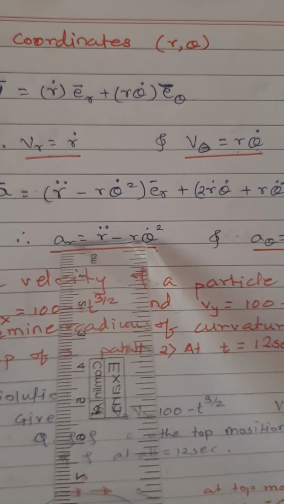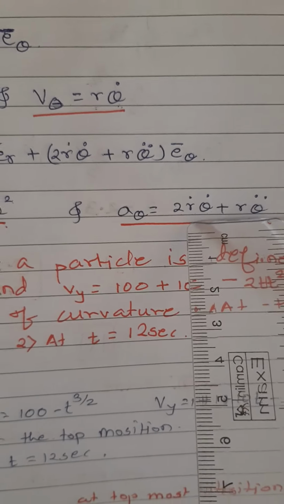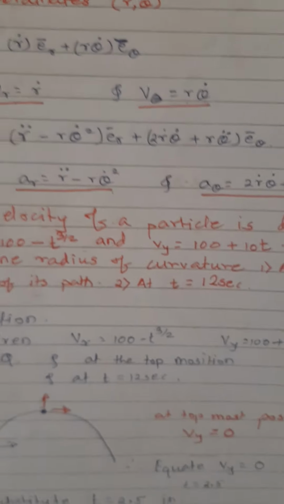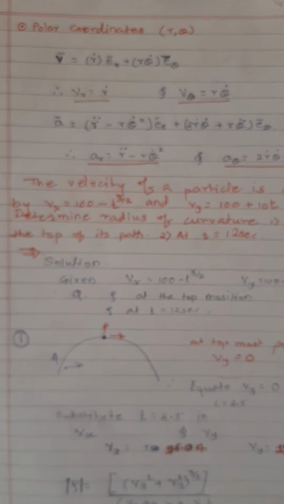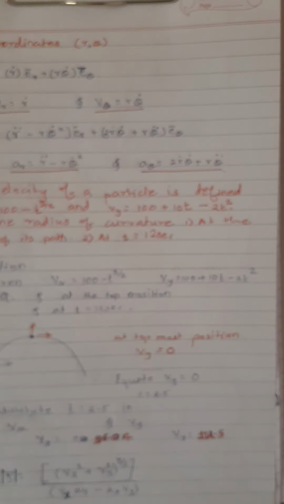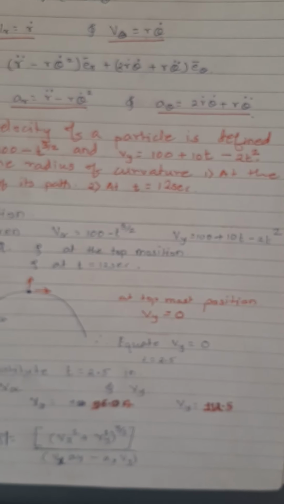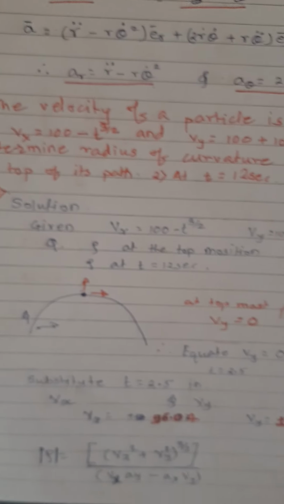So these are the components of acceleration along the radial and transverse directions. These were the three systems in which we can analyze curvilinear motion: the Cartesian, the normal and tangential, or the radial and transverse systems of coordinates.